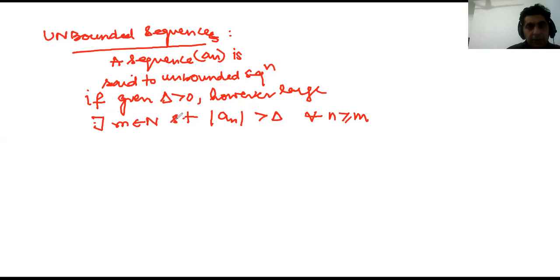If this condition holds, then we say that the sequence is unbounded sequence.